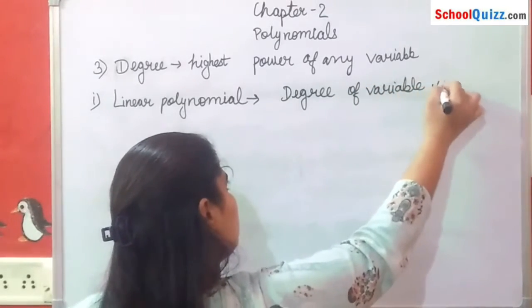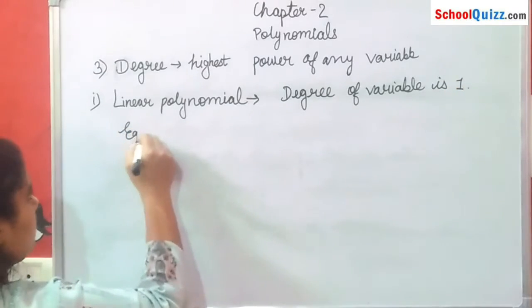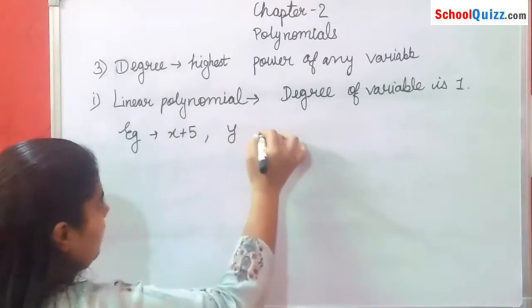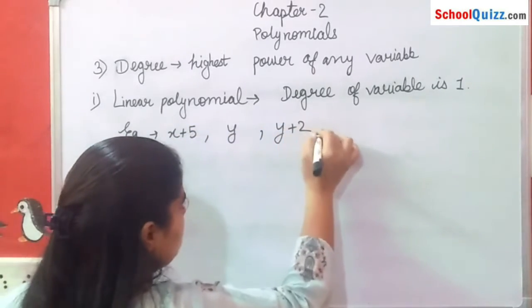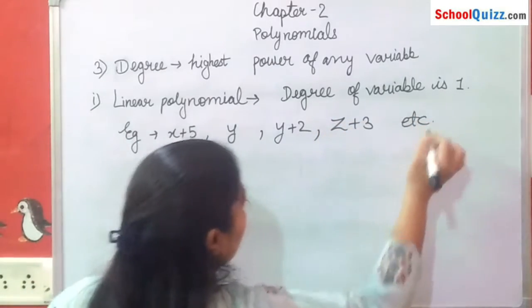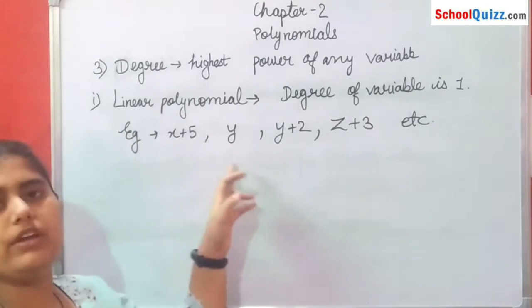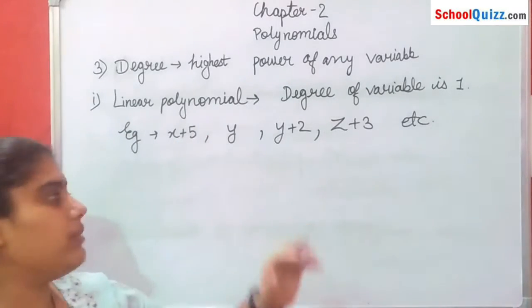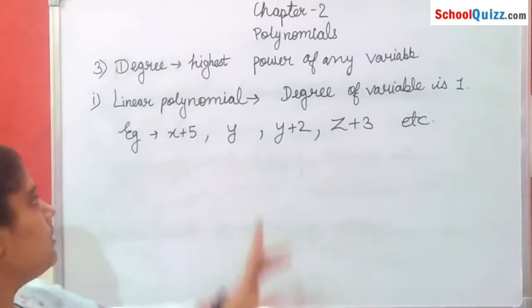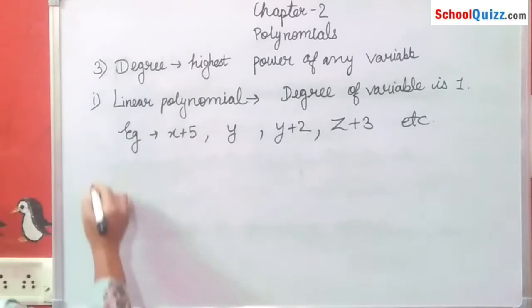For example, x plus 5, y plus 2, z plus 3, etc. In a linear polynomial, the variable has only degree 1, that means the power of the variables will be only 1. These types of polynomials are known as linear polynomials.